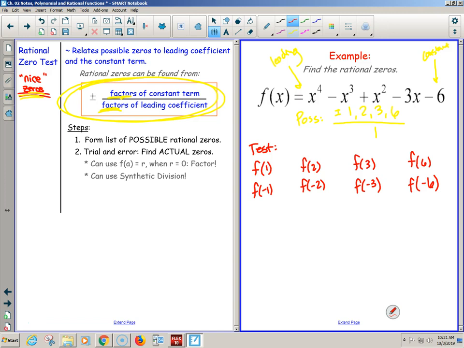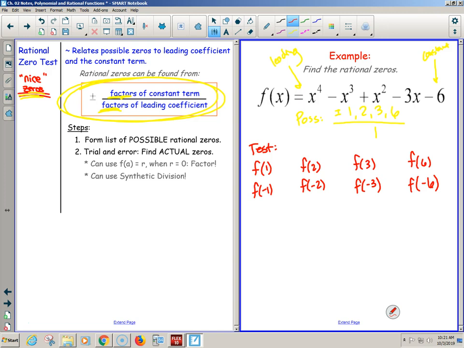Didn't we have something like finding f of a's in section 2.3 when we were doing synthetic division? And some of you guys were like, I just plugged it in. And that was valid. But then the note said that you don't have to just plug it in. You can also do synthetic, right?